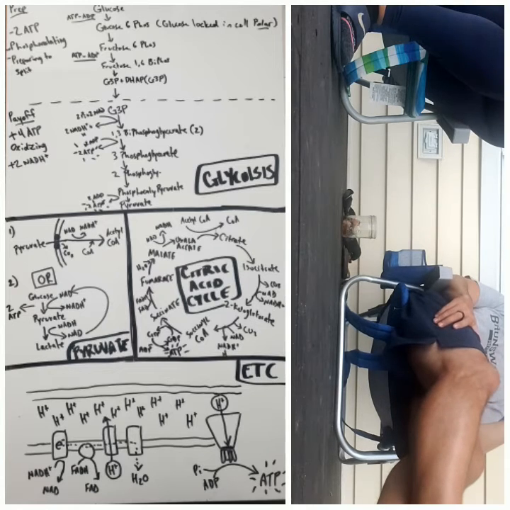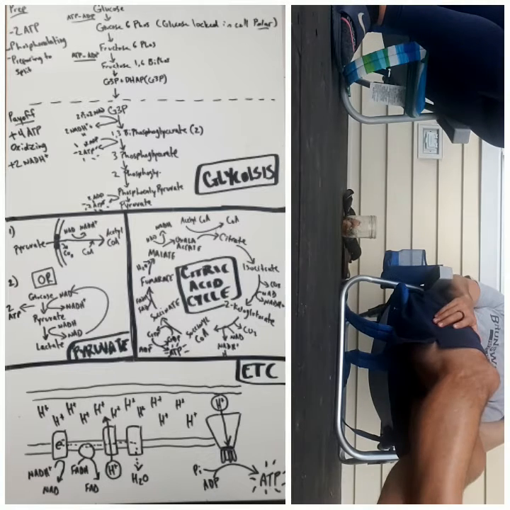And then that'll get converted to the 3-phosphoglycerate, the 2-phosphoglycerate, the 1-phosphoglycerate, and then the phosphopyruvate, is it? And then you'll get another ATP out of that when it gets converted to pyruvate.